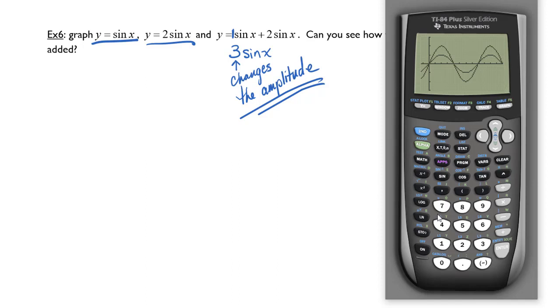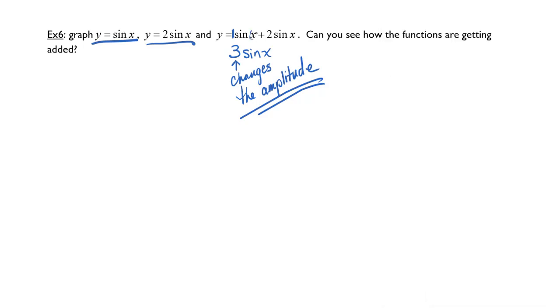Now if you were to graph sine of x plus 2 sine of x, that's going to be 3 sine x. And we can graph that one as well. So the vertical stretch occurs when you add 2 of these functions together, as long as their guts match, and in this case they do.